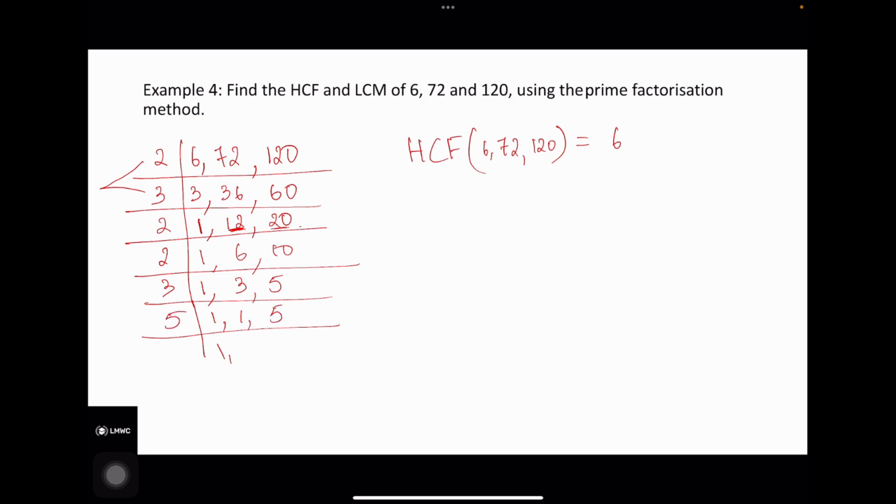So at the end we have 5. So the LCM of 6, 72, 120 is 2 times 3 is 6, 6 times 2 is 12, 12 times 2 is 24, 24 times 3 is 72, 72 times 5 is 360. So the HCF and LCM are 6 and 360.